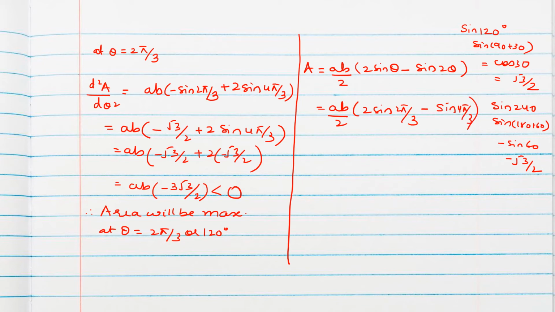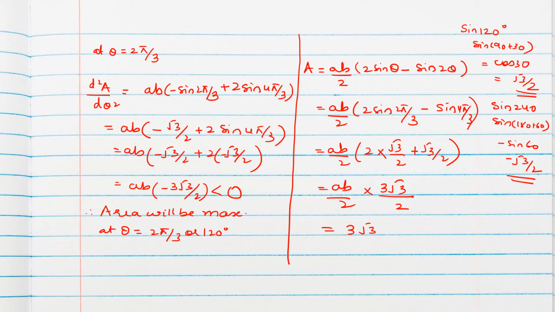So AB by 2. Now sine 2 pi by 3, just now we saw it's root 3 by 2, and sine 4 pi by 3 is minus root 3 by 2. Minus is already there, so plus root 3 by 2. So this will give 3 root 3 by 2. So 3 root 3 AB by 4 is the maximum area of the isosceles triangle.